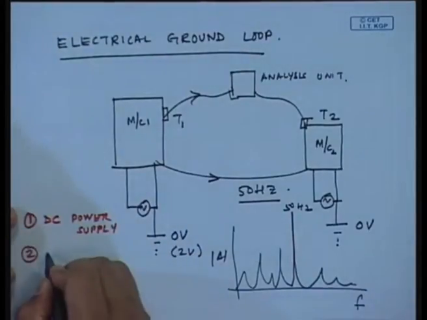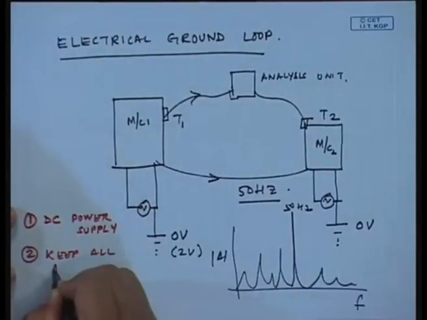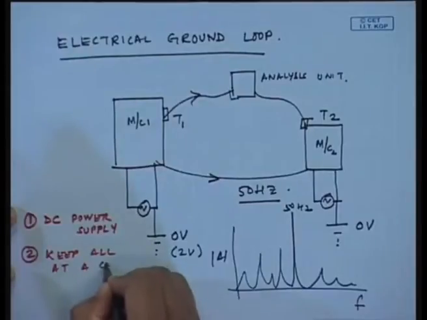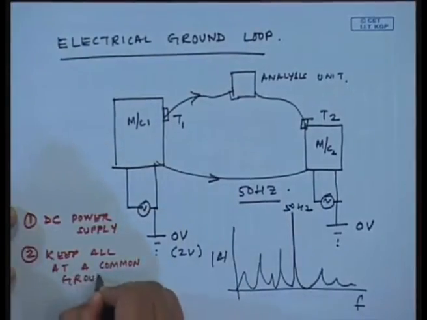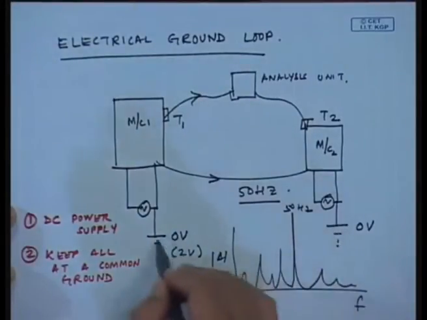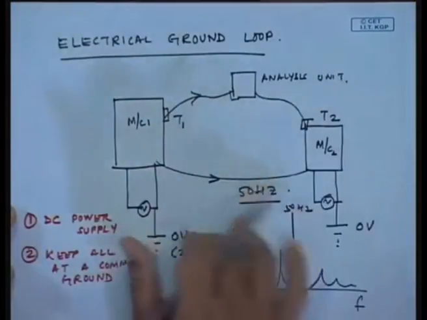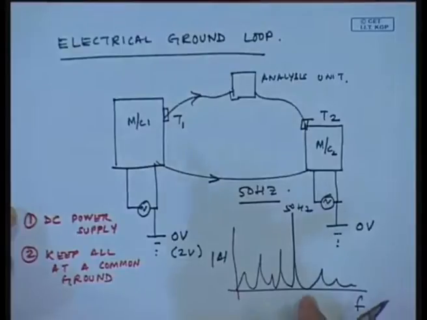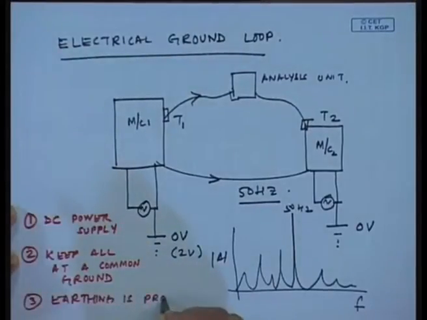Next is keep all at a common ground. That means, if all the potentials are common, then there will be no potential difference and then there will be no flow. Or make sure earthing is proper.